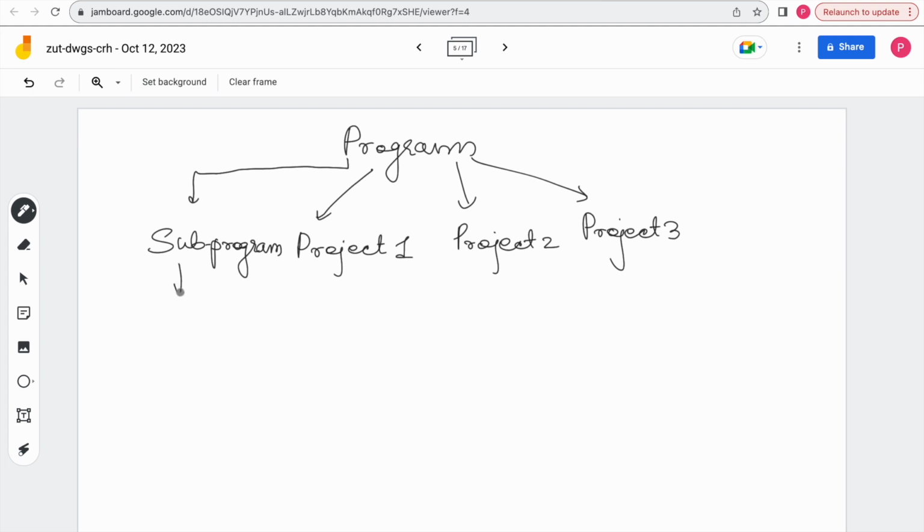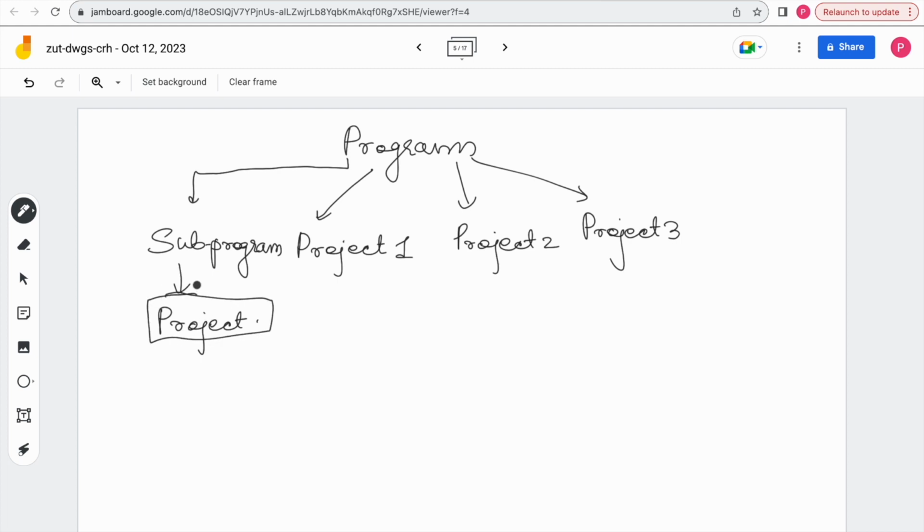Under this sub program you can have a project. So under program you have a group of projects. Under program you can have a sub program, and under that sub program you can put your project.